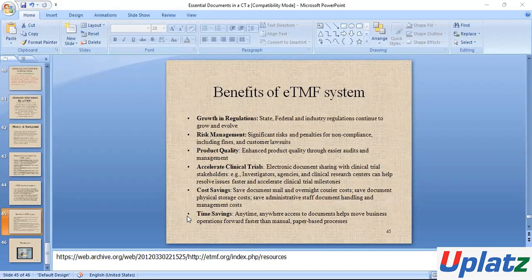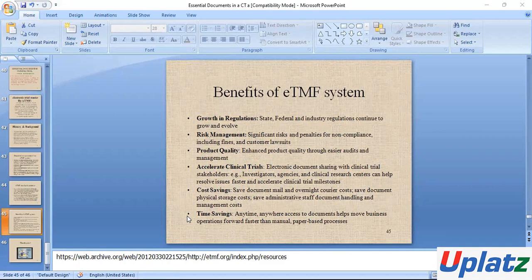There will be different reports run to see the compliance and timeliness. So one is Veeva, well known.